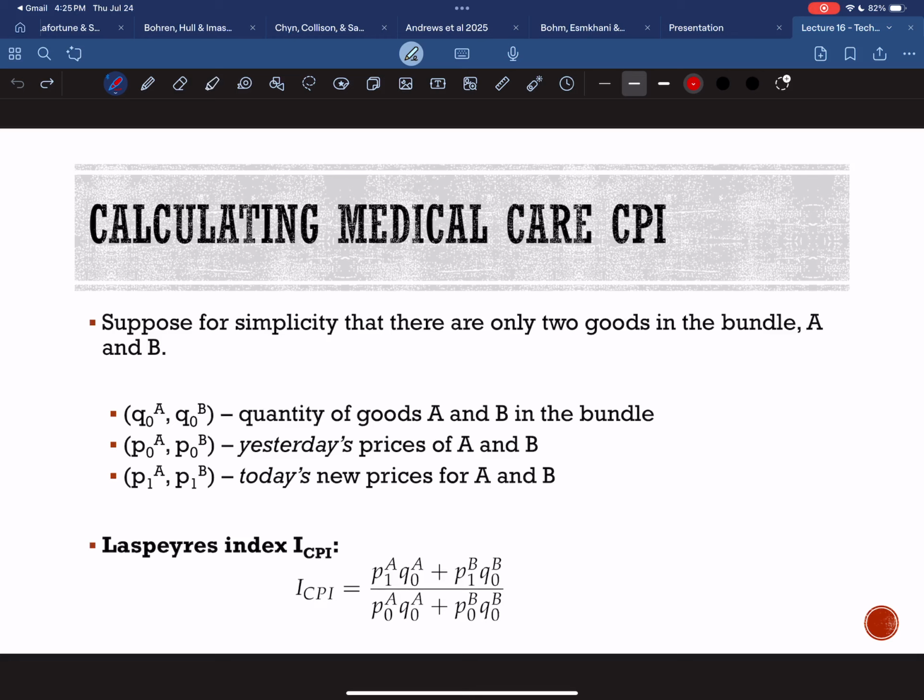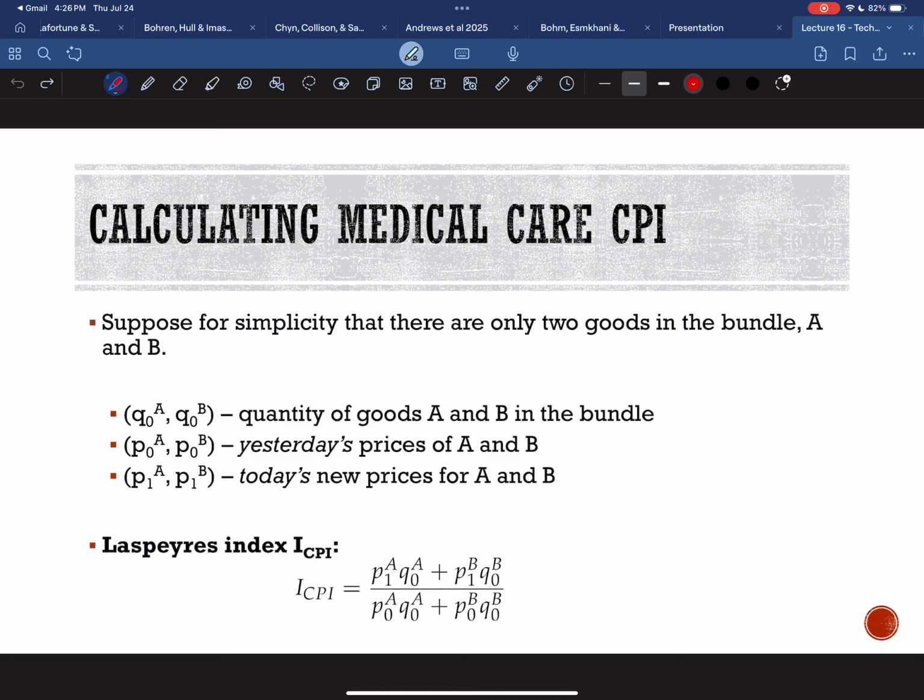So how do you calculate a medical care CPI? Well, the same way you would calculate any other CPI. You're going to use the Laspeyres index. And that can get pretty complicated, but let's assume there are only two goods in the bundle, right? There are two goods, A and B. And a subscript of 0 denotes yesterday, and a subscript of 1 means today, right?